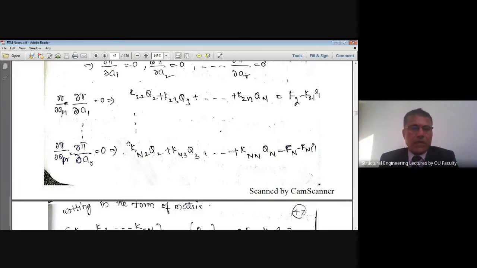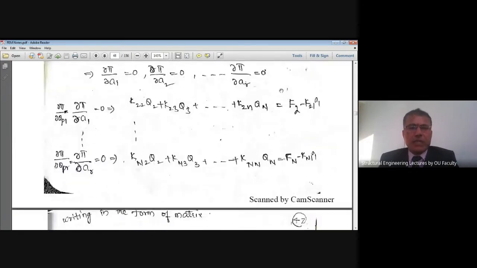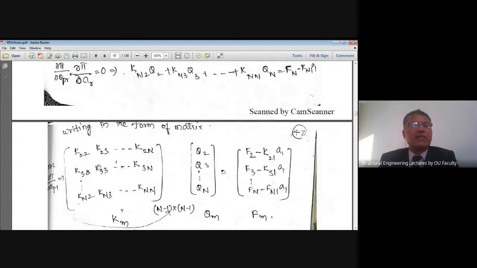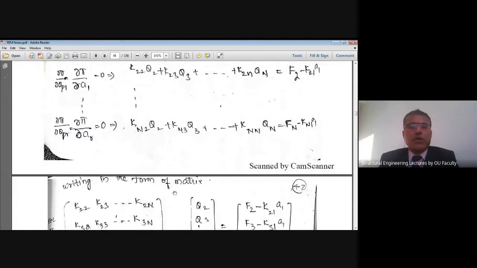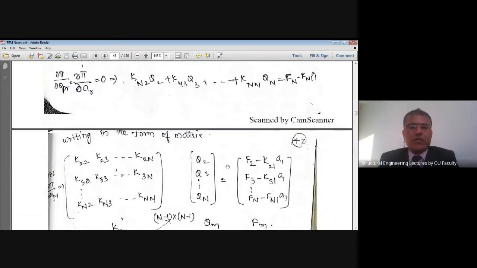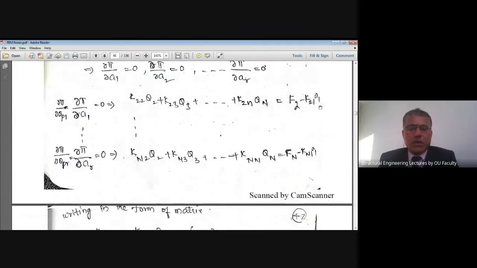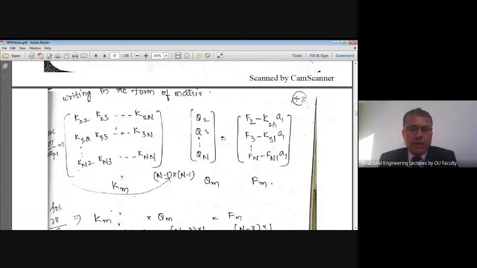Now I'll put the same equations in matrix format, students, like this. K22 operated upon Q2, K23 operated upon Q3 and K2n operated upon Qn. That is how the first row is equal to F2 minus K21 multiplied by A1.